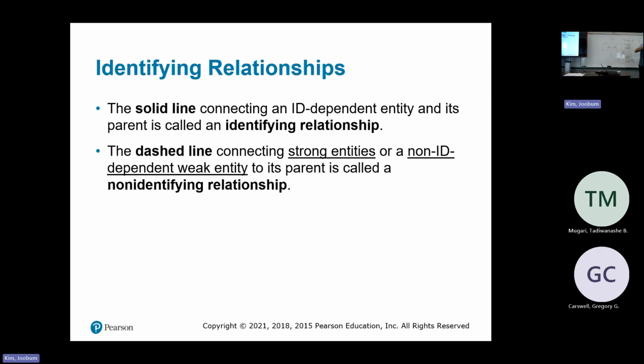So in that case, we use the dashed line. Or a non-ID dependent weak entity. Okay. In that case, we use a dashed line. But for an ID dependent entity, we use a solid line. It's called an identifying relationship. The other one is a non-identifying relationship.